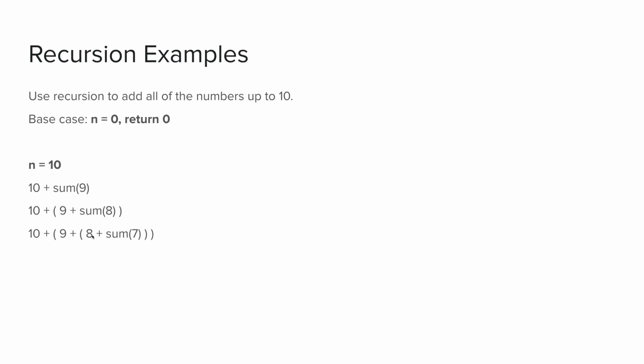Sum of 8 means 8 plus sum of 7, and so on, all the way to 10 plus 9 plus 8 plus 7, all the way to 1. And finally, sum of 0, as we know, is the base case, which will return 0.